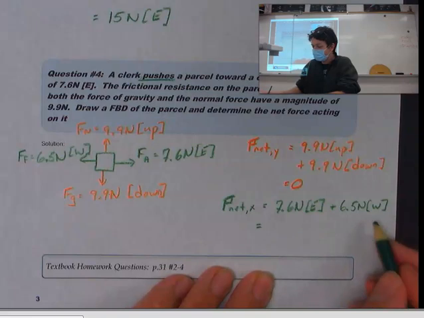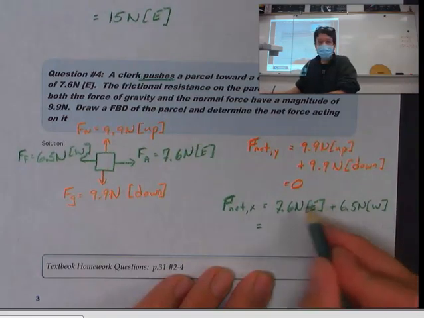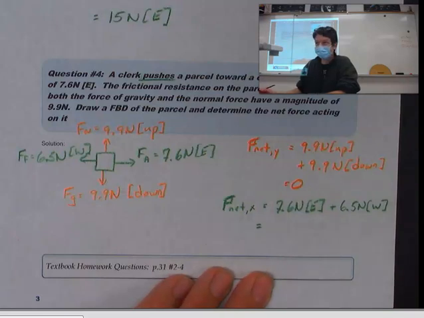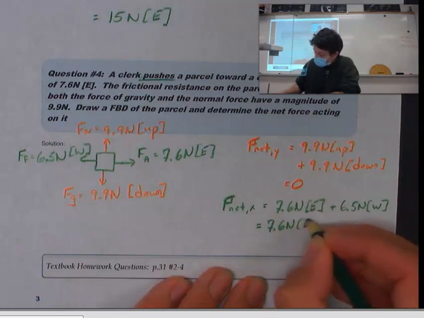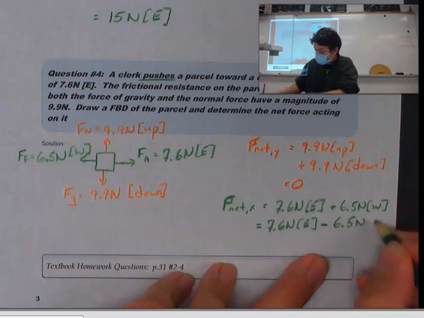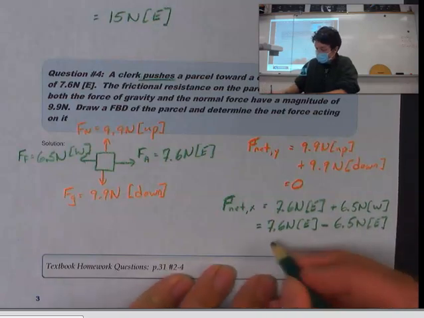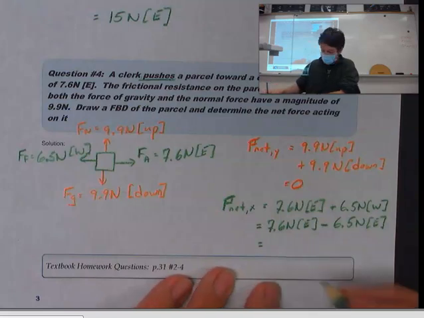And I choose to change this one because it's the smaller number. You could change the other one. You'll get the same answer, you'll just get a negative answer. You'll get negative west, but in our case, we'll get positive east. That's the same thing. So we have 7.6 newtons east minus 6.5 newtons east, which gives us 1.1 newtons east.